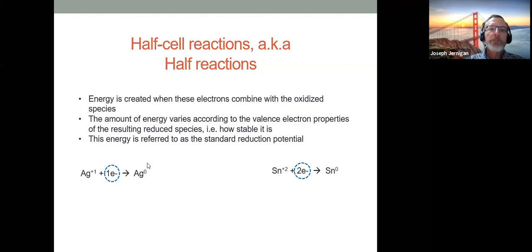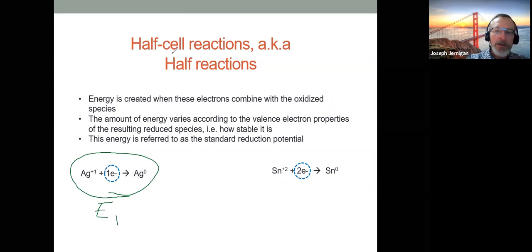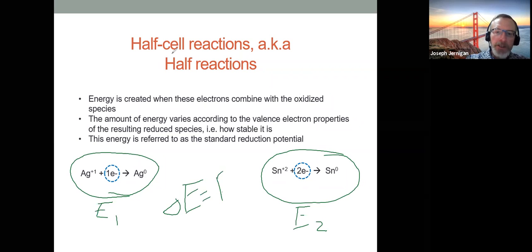So in other words, what I'm saying in a nutshell is these electrons have a certain energy here, E1, right? These electrons over here have a certain energy, E2, and that difference, delta E, is equal to, of course, E2 minus E1, or E1 minus E2, and that is the essence of electrochemical energy, battery energy, galvanic cell energy, whatever you want to call it, okay?